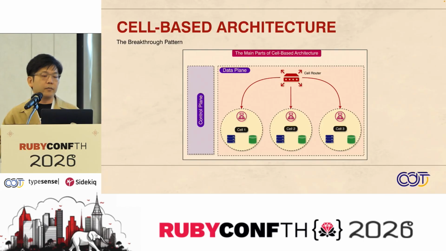And with the same architecture, another common pattern is to split by customer type. For example, enterprise cells versus shared cells. You might put your largest, most demanding enterprise tenants into their own cells.